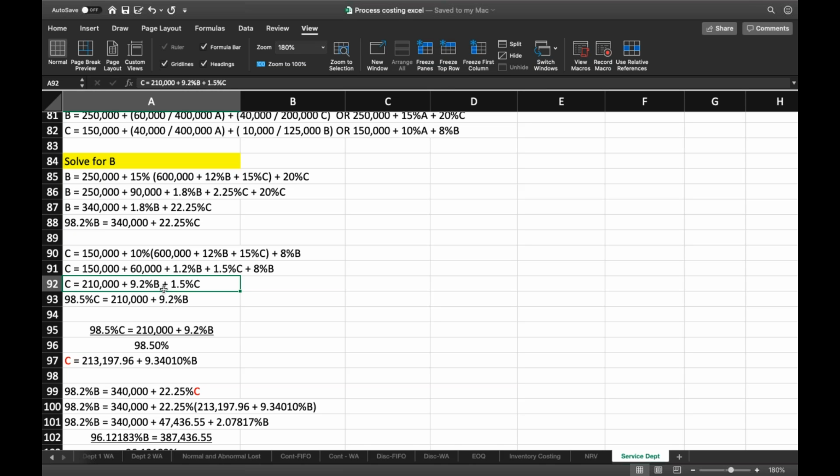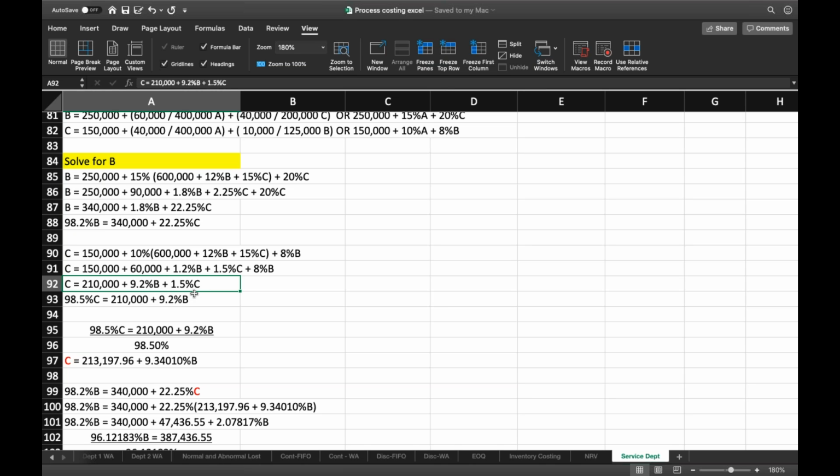You must be able to eliminate the variable that is not included in the equation that you are trying to solve. So for B, we don't have a variable here, so we have to eliminate a variable also. So C is now equal to 210,000 plus 9.2% B plus 1.5% C.